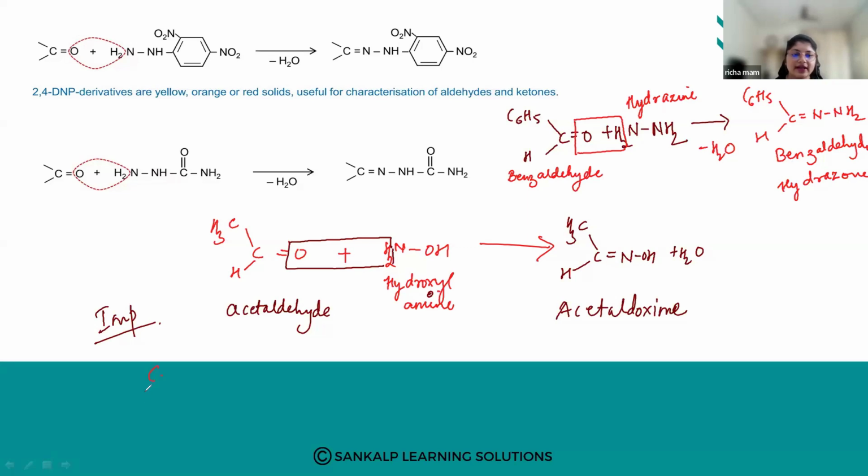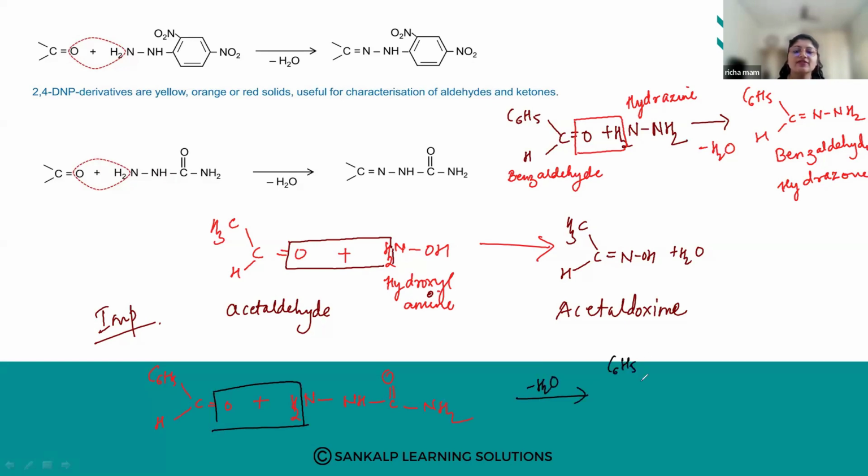Next, one more question. Take benzaldehyde again and react it with semicarbazide. Okay, NH2 NH C double bond O NH2. React with the semicarbazide. Tell me the product. Now this you have to tell. So you have to remove just the water molecule and see what you get. So write the remaining thing.